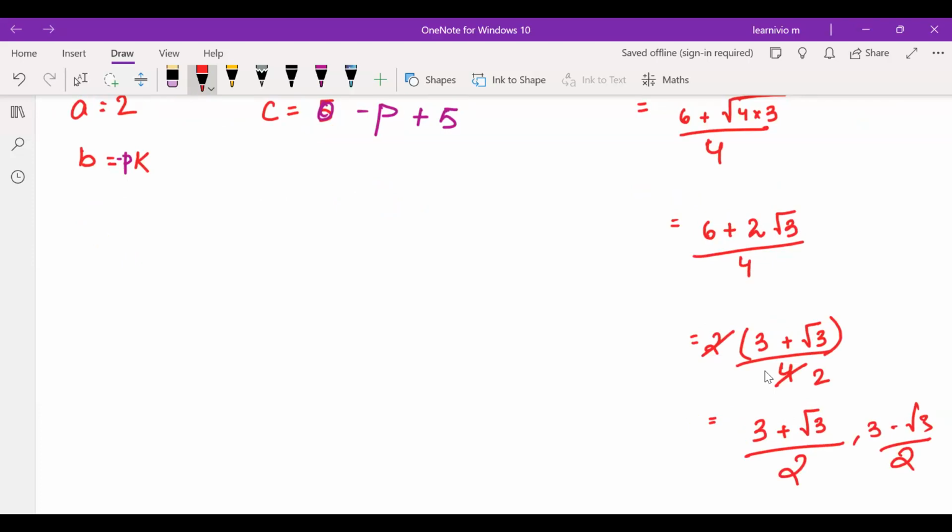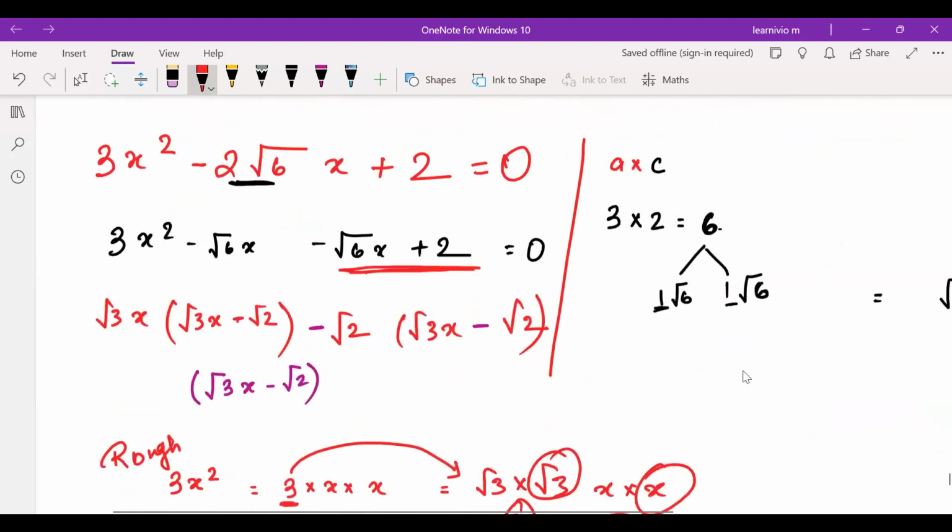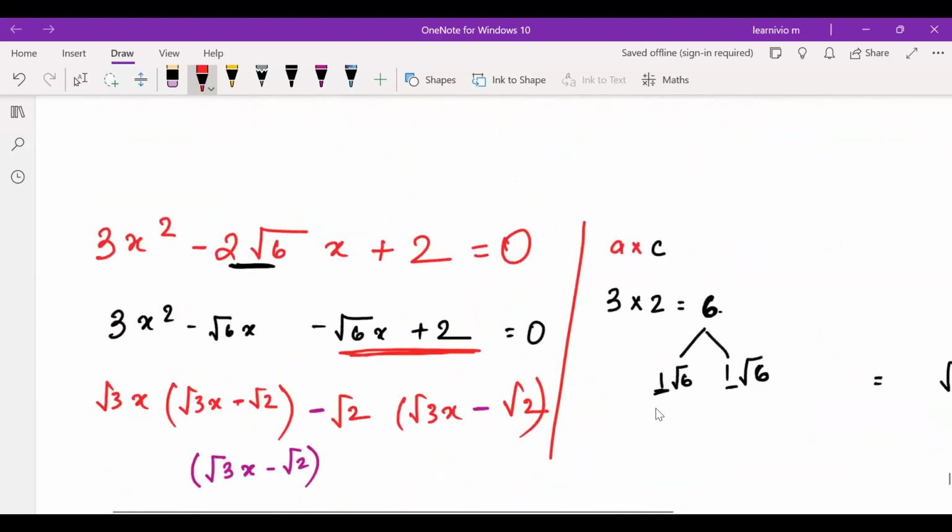So the quadratic equation which you were solving, you were solving very simply by splitting the middle term. That also we can do like this. Even for the square root one, if the instruction says to solve and find the x value, that means we are allowed to use the formula.